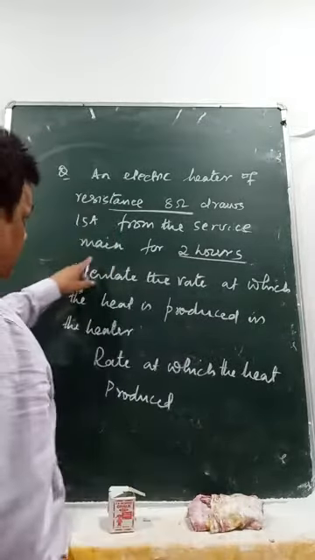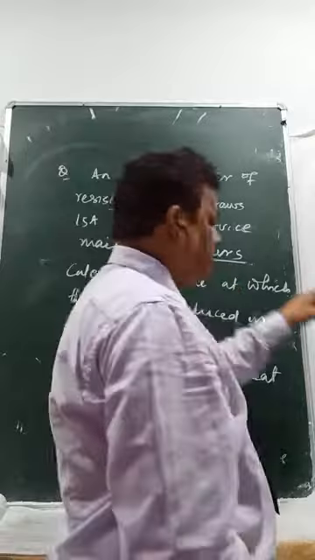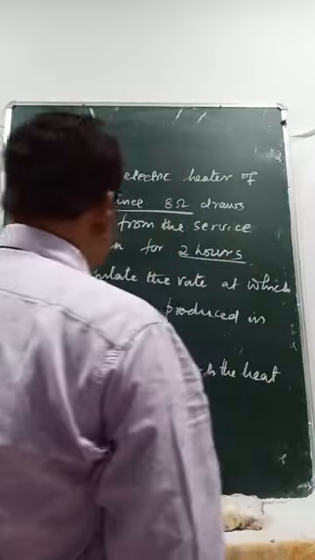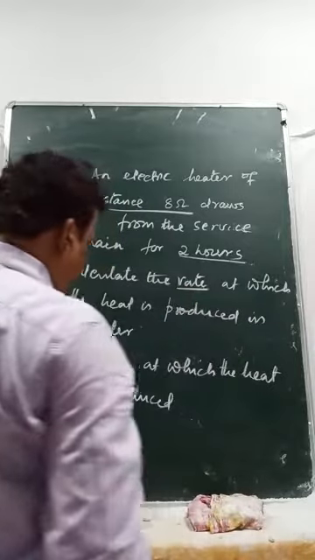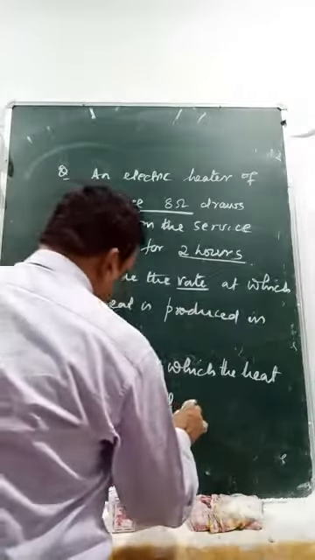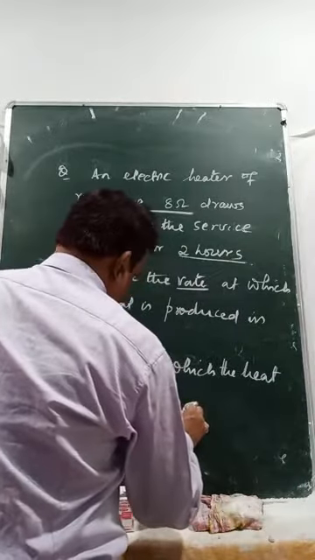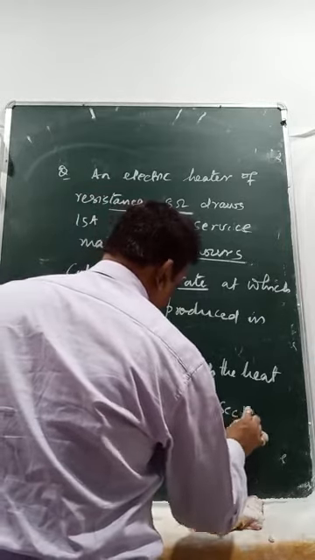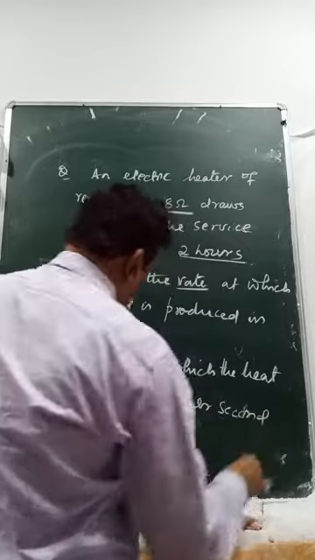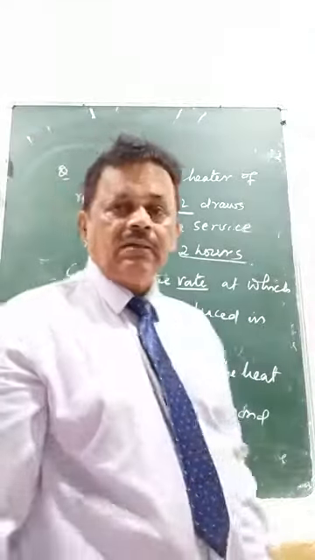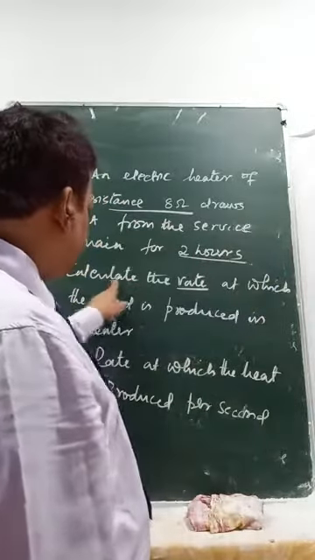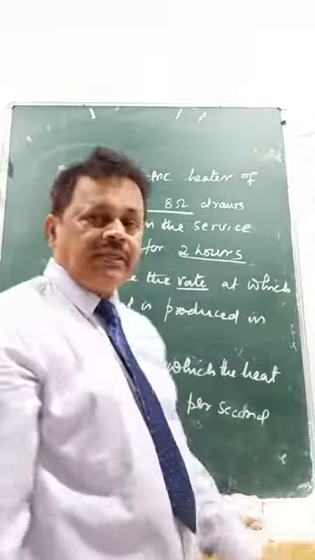If only heat is produced, then you have to multiply by 2 hours. But calculate the rate, means per second how much is produced. Total heat produced is different. Rate means per second how much heat is produced.